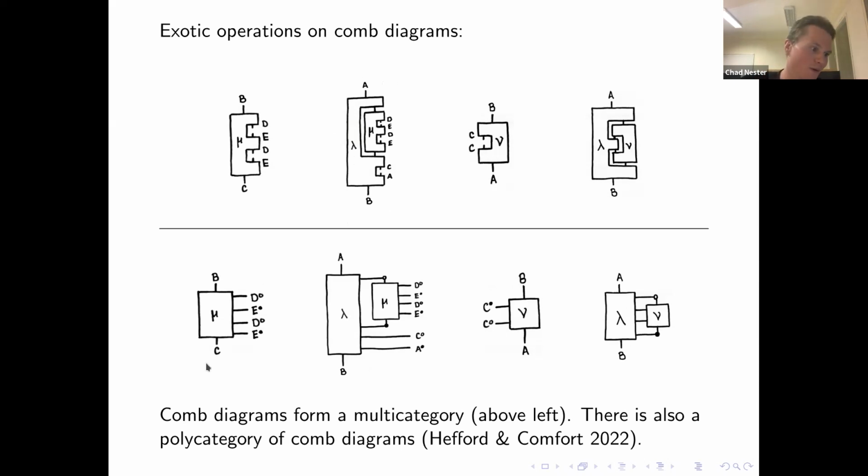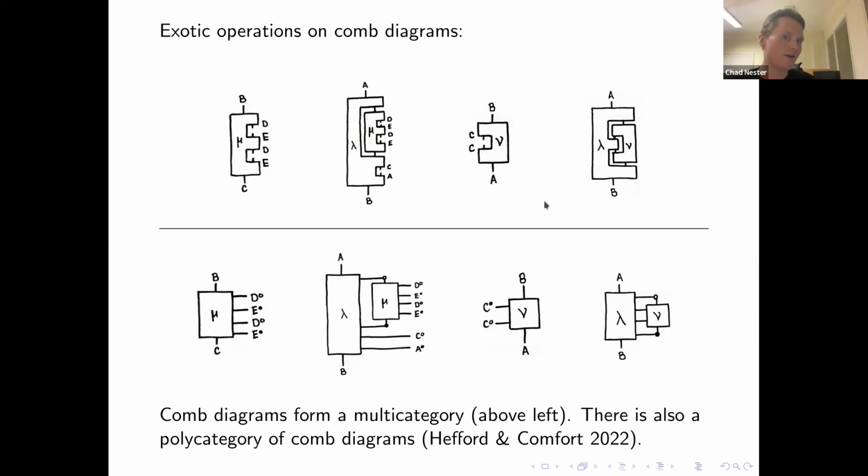And of course we can do that using the string diagrams for the free cornering, as pictured below the line on the left here. In this way, comb diagrams form a multicategory, which is maybe interesting, right? So the multi-composition is like so. I'm sure you can figure that out.